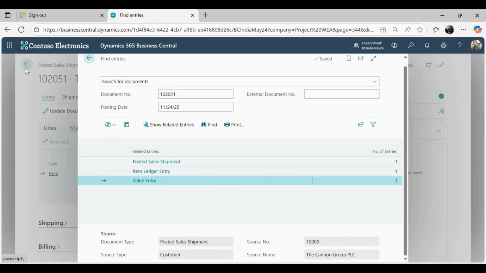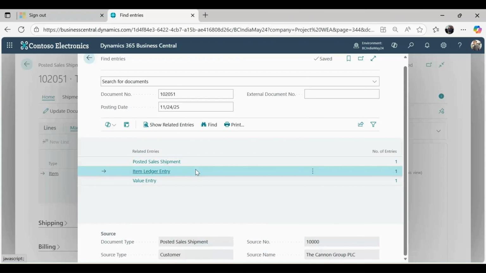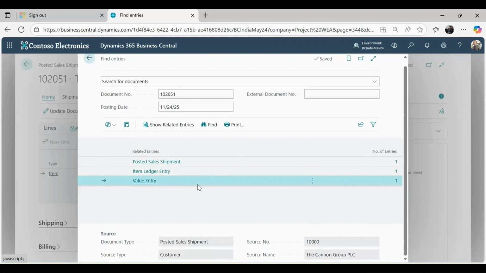So, when we post the sales shipment, item ledger entries are created, value entries are created, GL entries are not created. Only the quantity is affected, not the financials. Let's go back to the sales order and try invoicing the shipped items.